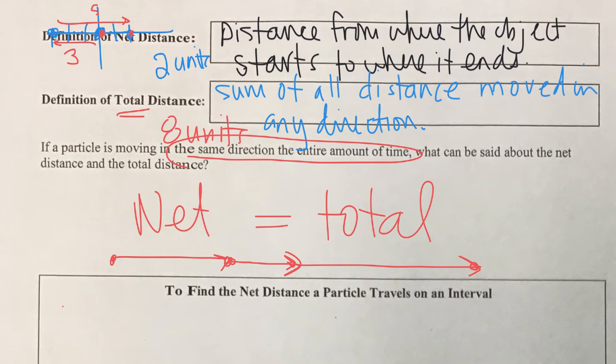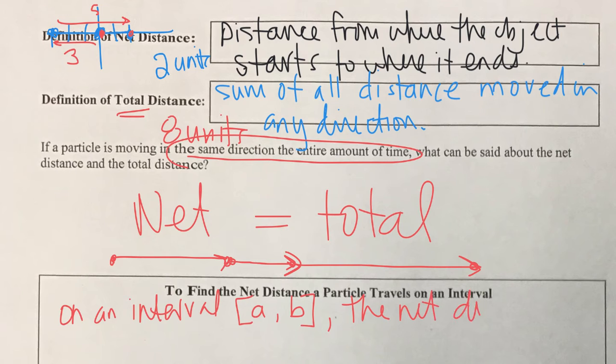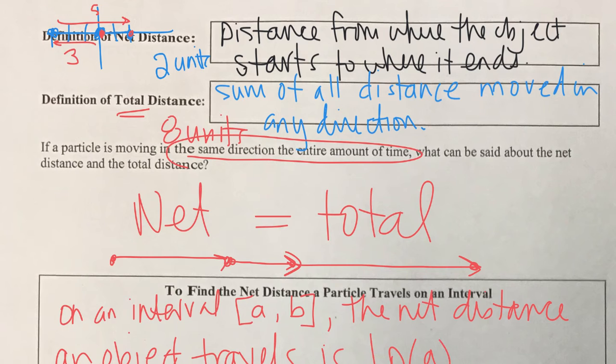So to find that, on a closed interval from A to B, and remember these are times, from time A to time B, some time stamp, the net distance an object travels can be given to you by a simple absolute value formula: the position at time A minus the position at time B, in absolute value.